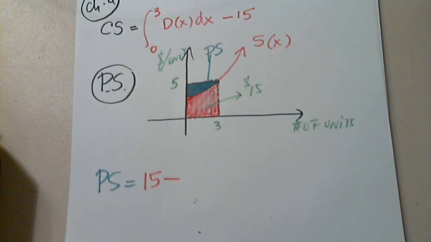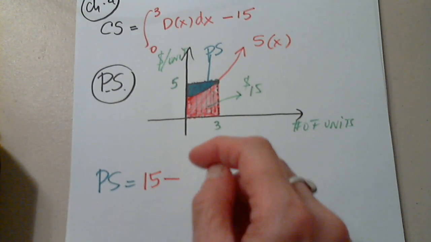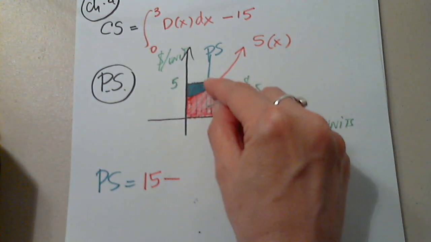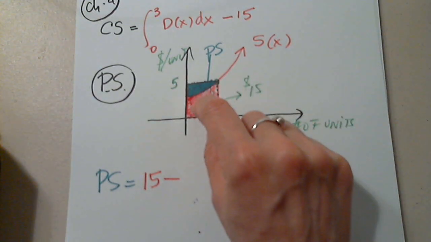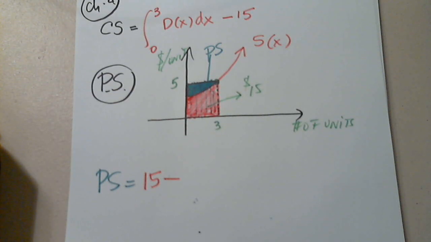Can anyone tell us how do I determine that red area? In order to determine the producer surplus, I have determined the area of the rectangle, but now I have to subtract the red area.